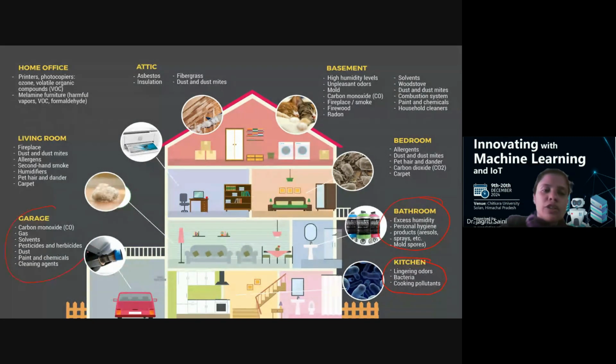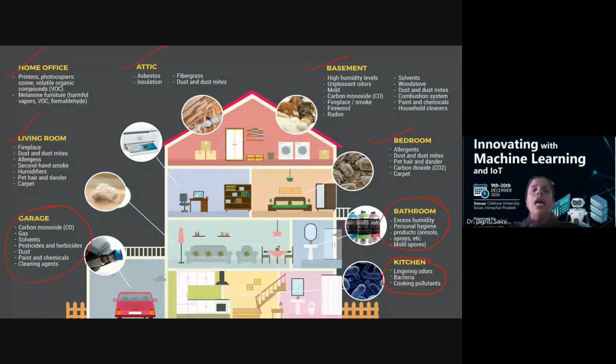Garage areas are also affected by plenty of gases or solvents, pesticides, etc. Similarly, the bedroom, basement, and even the living room and home office, etc., all these parts are highly affected, including your attic region. So this shows a very long list of pollutants that keep on affecting our lifestyle.